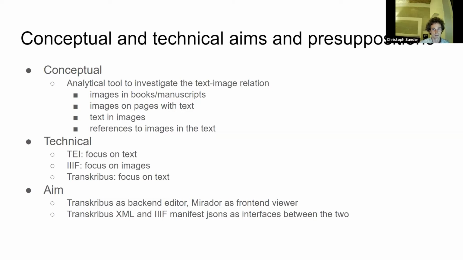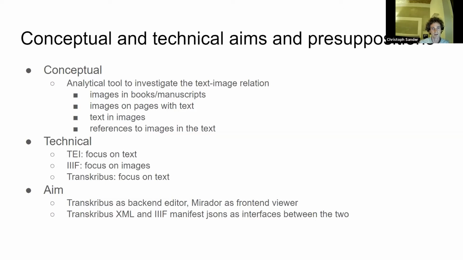For example, there are images in books, there are images on the same pages as the text, there is text on and contained in images, and there are references to images in the text. And from the technical perspective, how do we cope with this media mixture?